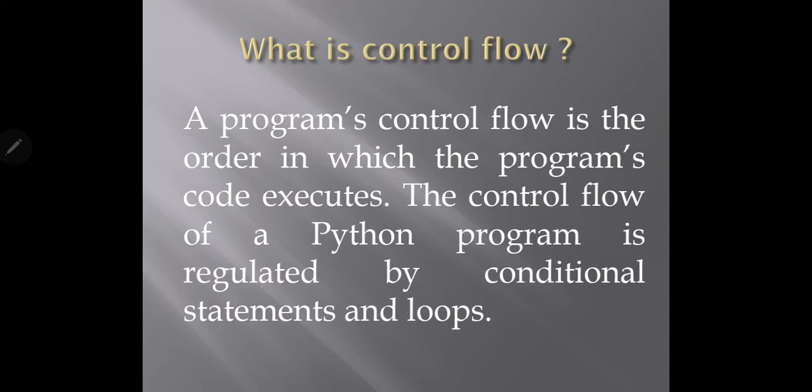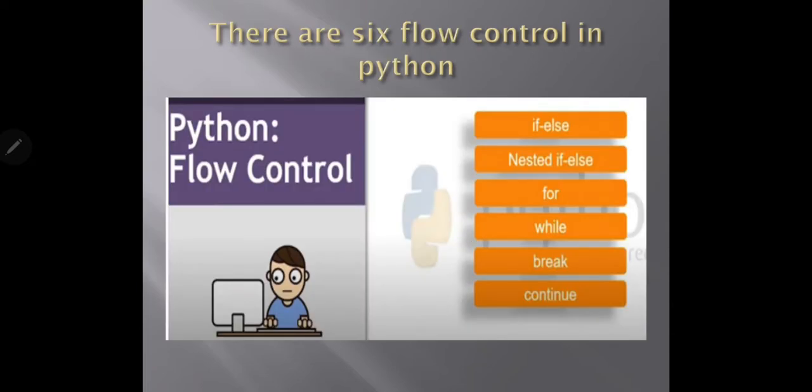Python provides us certain statements by which we can control the flow of execution. So let's see what these statements are and how Python helps us to control the flow.